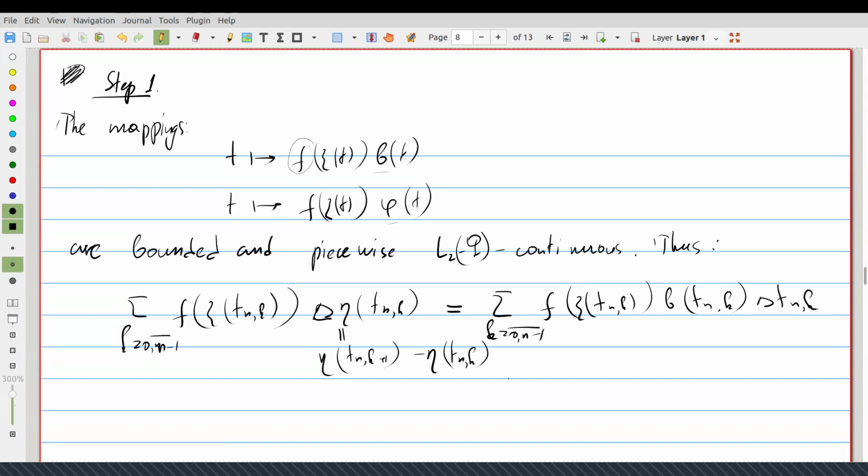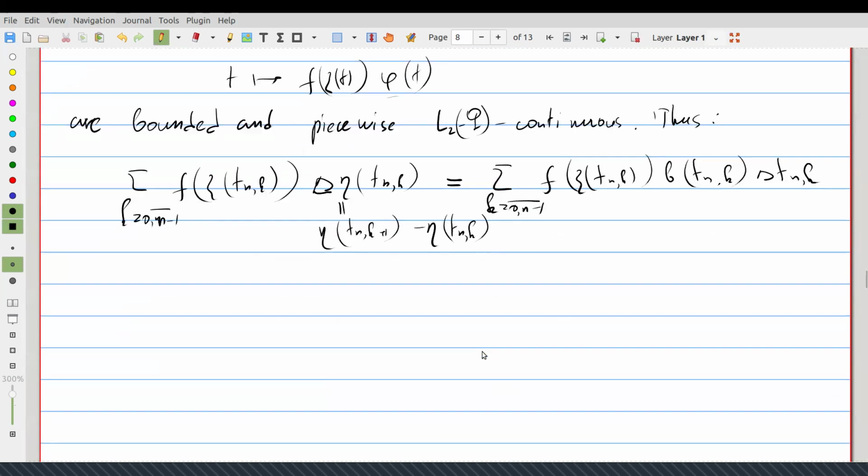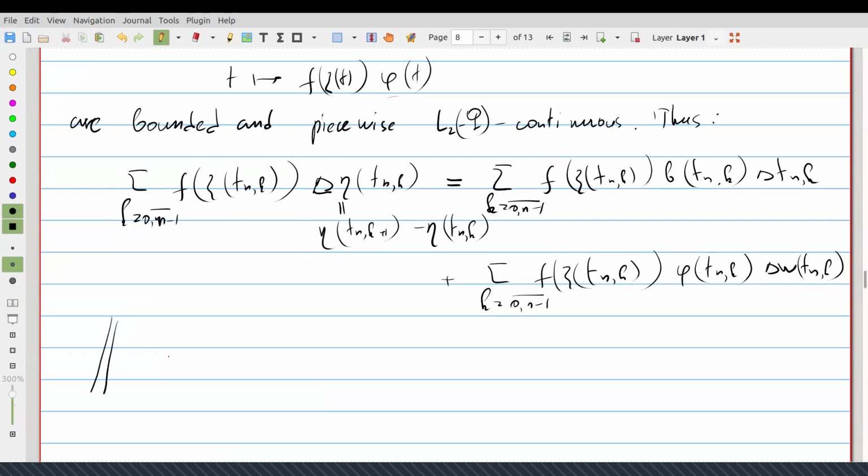Why? Because our partitions contain all values of our support points for our original simple b and phi, and this is phi t_nk, delta W t_nk, because say eta of t we assume that this is a sum of simple processes.